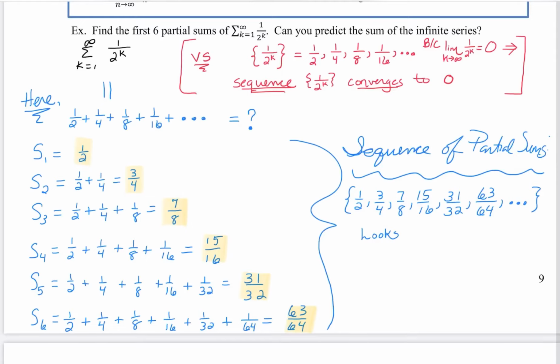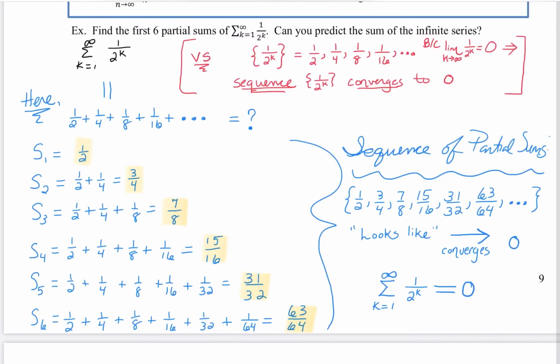But I would say at this point, and we'll be able to prove this by the end of the section, without getting too formal here, it looks like this sequence of partial sums is converging to 0, and so it looks like this infinite series, the sum as k goes from 1 to infinity of 1/2 to the k, is converging to 0.